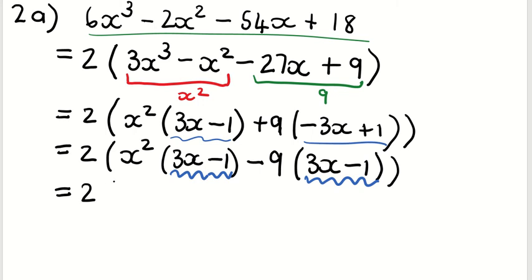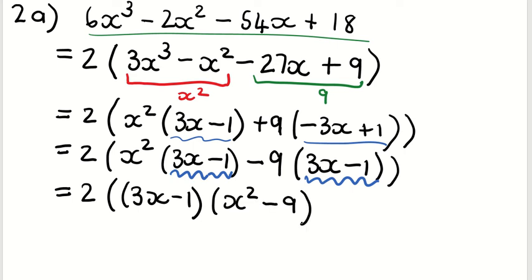So now we are left with 3x minus 1 as the common factor, and then x to the power of 2 minus 9. Okay, then we are not finished yet, because now look at this.